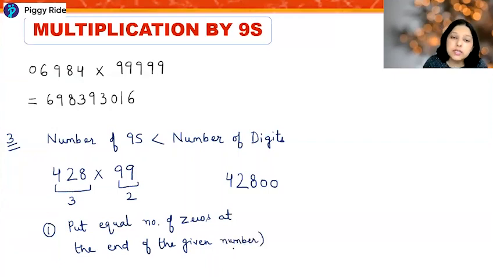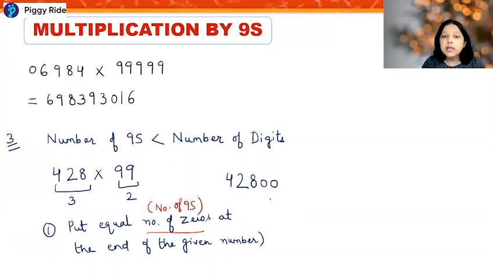If you have 3 nines, you will put 3 zeros. If you have 2 nines, you will put 2 zeros. If you have 4 nines, you will put 4 zeros. So I'm just making it clear here: you put an equal number of zeros at the end of the given number.